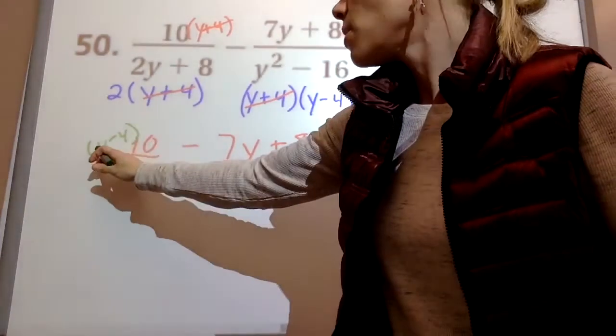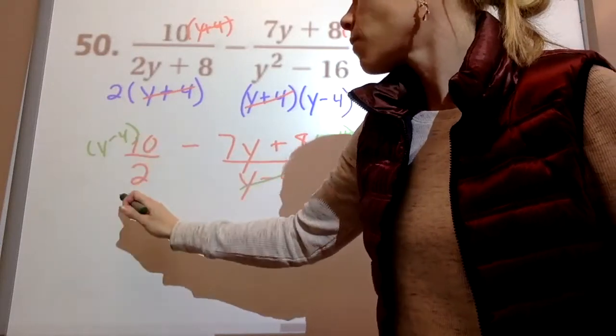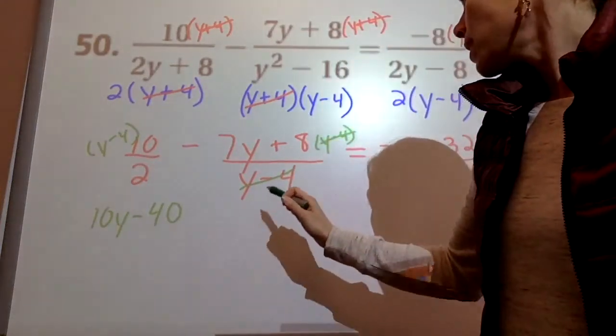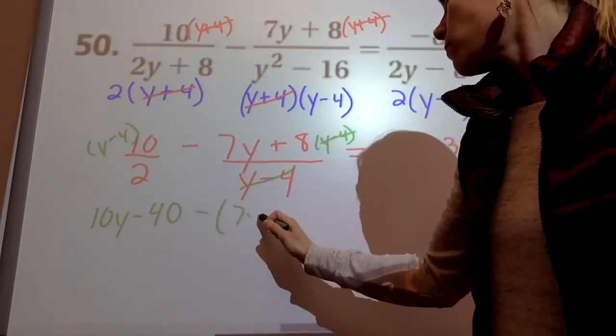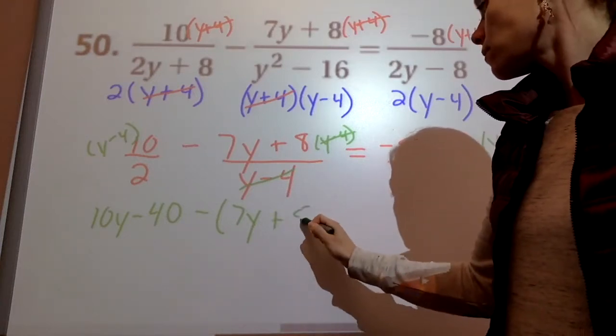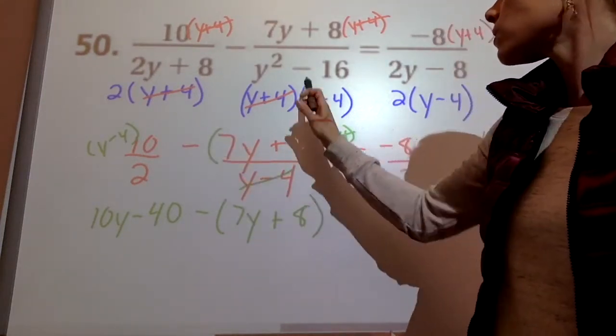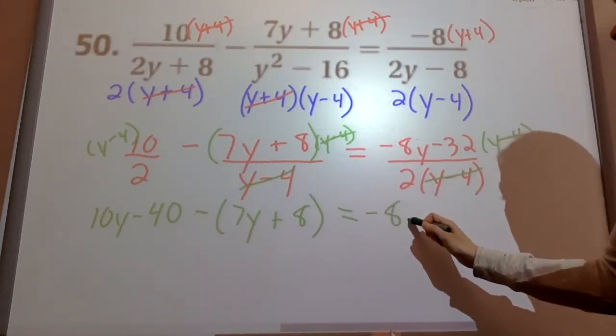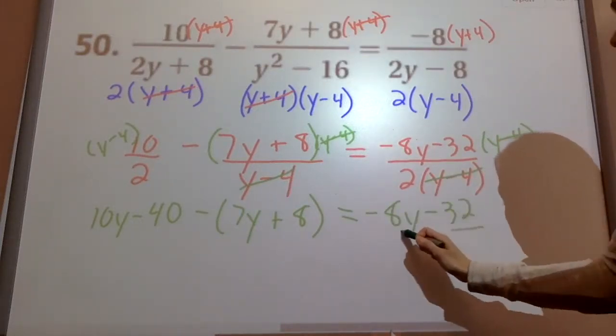And again, if it's on top and bottom, it goes away. So this would, let's multiply, 10y minus 40 minus 7y plus 8. That should have been in parentheses. Equals, that's gone, negative 8y minus 32 over 2.